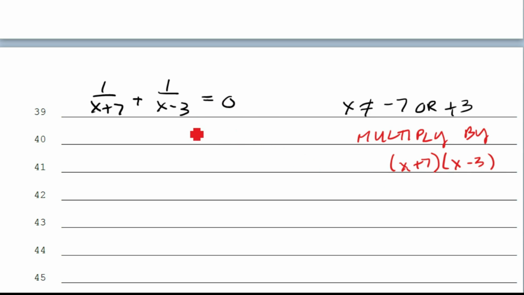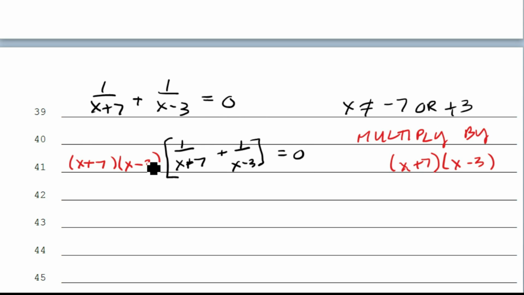On the right hand side it'll be 0. On the left hand side you'll have x plus 7 times x minus 3. Everything else will stay the same: 1 over x plus 7 plus 1 over x minus 3 equals 0.